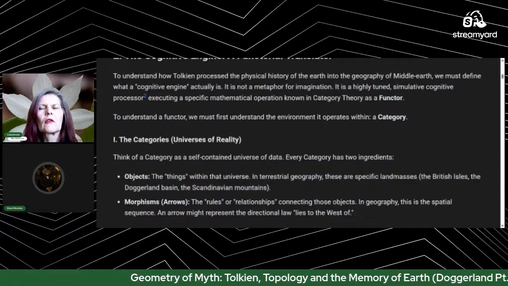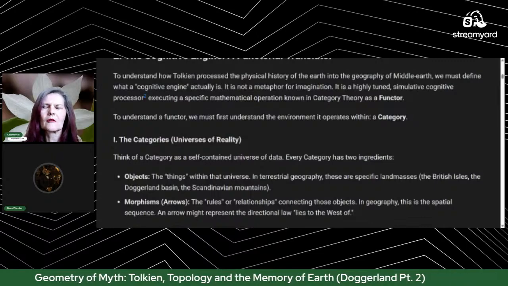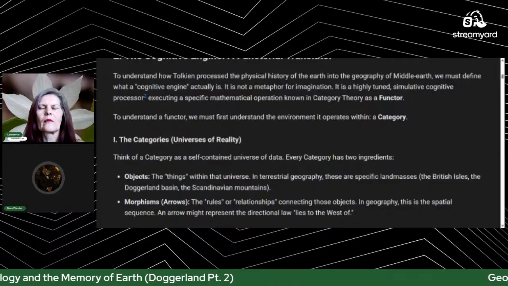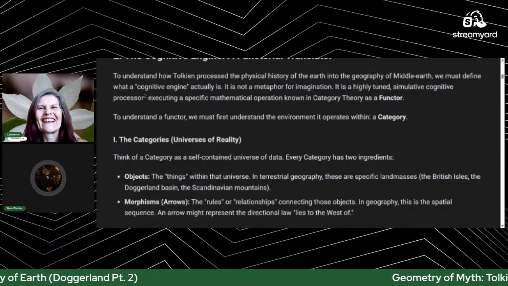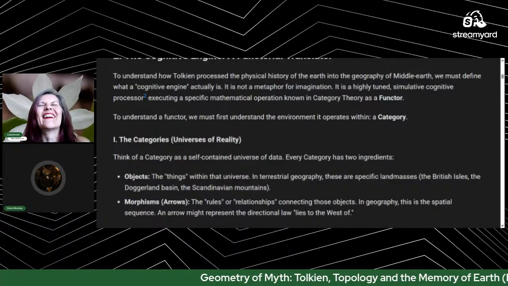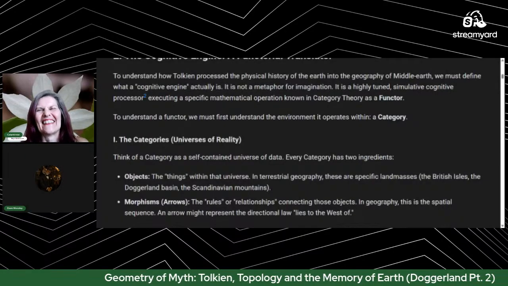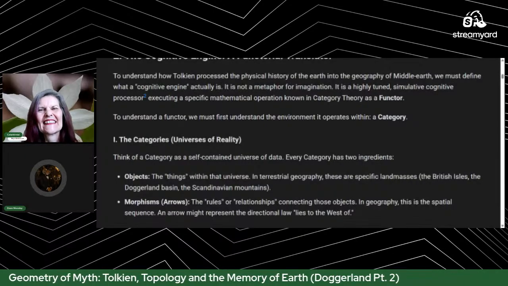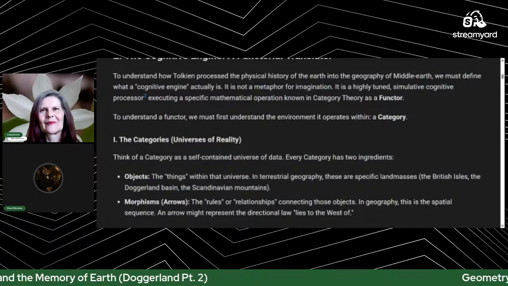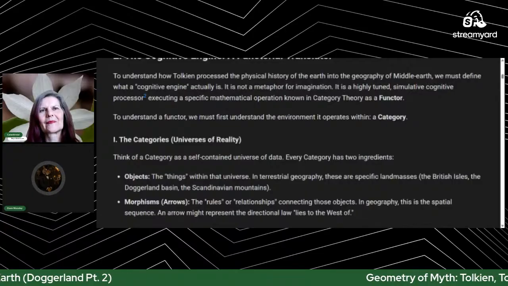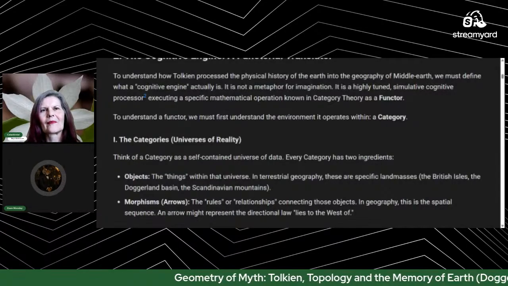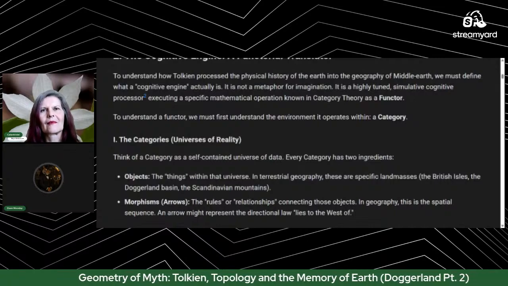The sort of inside joke among topologists is that a donut and a coffee cup are the same structure because they have a hole in it. They're totally different, but in topology, forms can distort into different shapes so long as they keep the same homology, which is basically the whole count of holes.